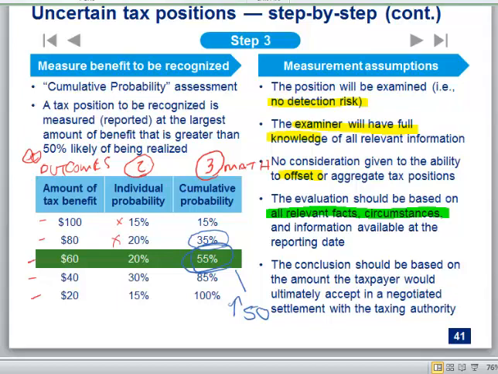And I'm not saying that they're abusing FIN 48 or anything, but I think they often start with what they think the reasonable answer is, and then they define that in the form of a probability table. And what you see a lot of times is a table like this with 3 scenarios. It's like I win, I settle, I lose. And they'll just assign a high percentage to the settlement outcome. And you get to the same place. But it demonstrates the whole cumulative probability concept.